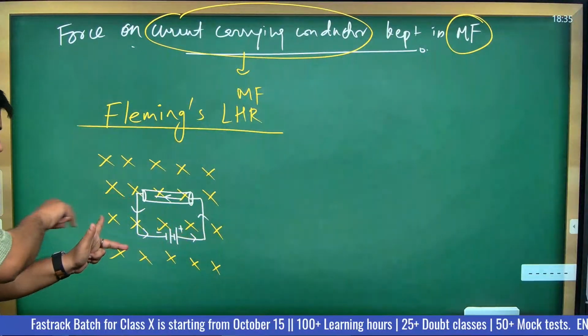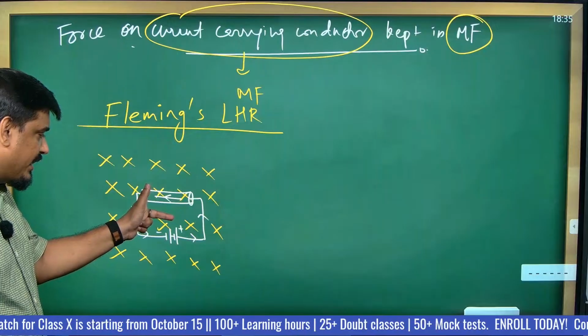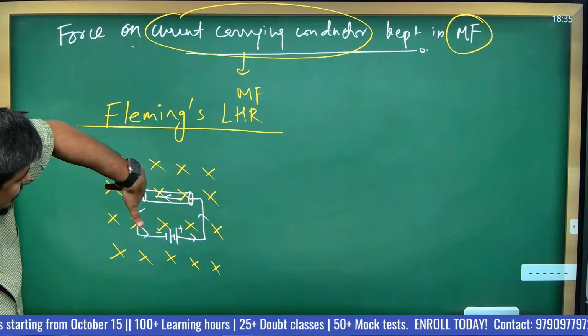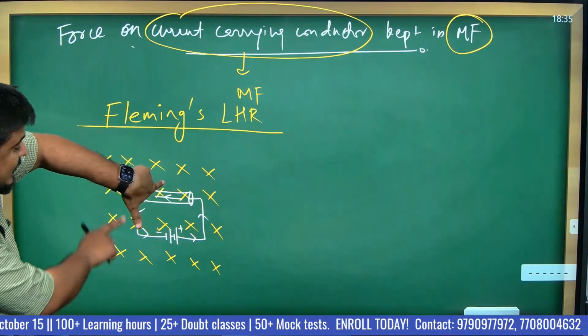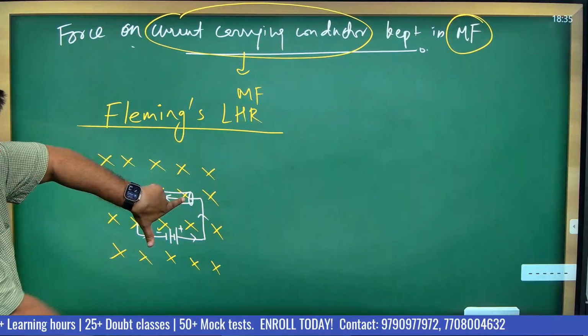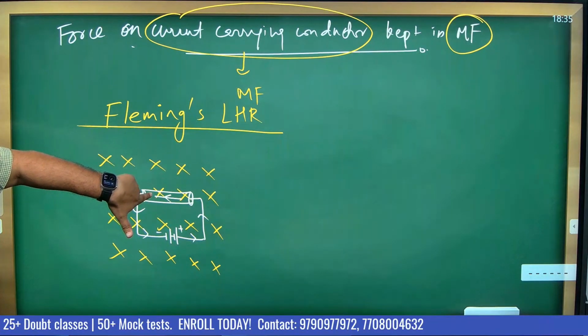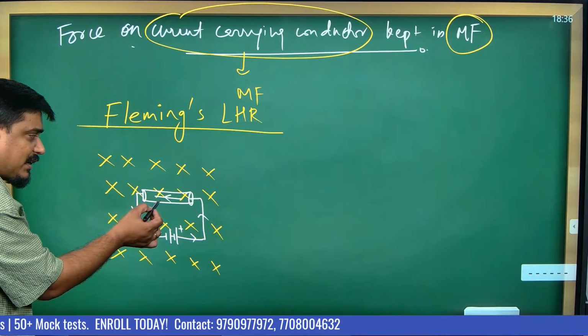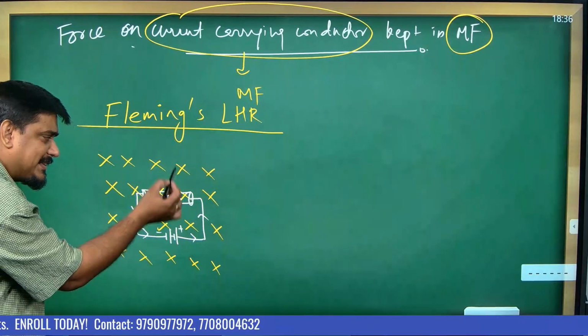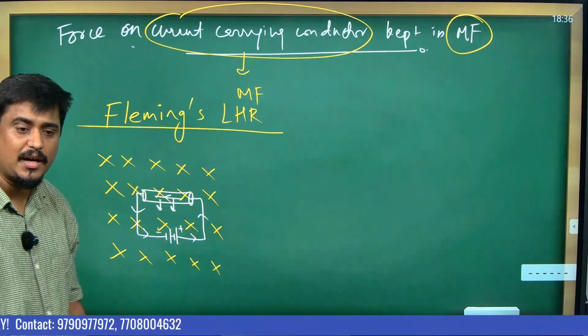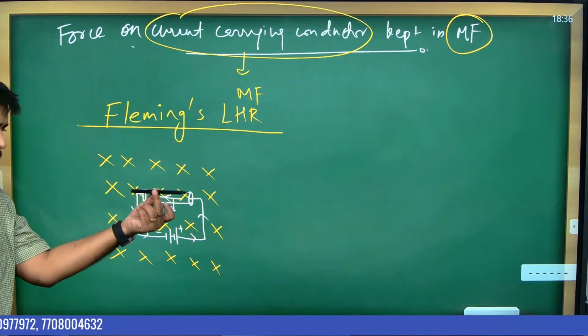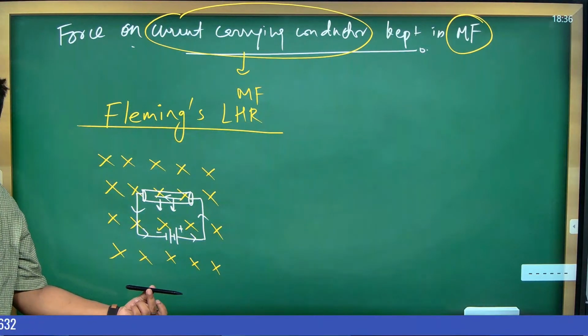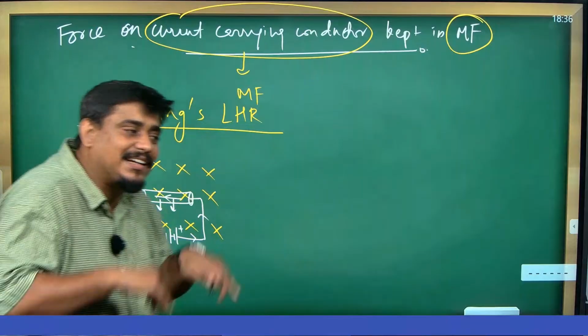First finger pointing towards magnetic field and middle finger pointing towards current, my thumb is pointing downwards. It means that this conductor will start moving downwards by itself, because a force is acting on it in downward direction.